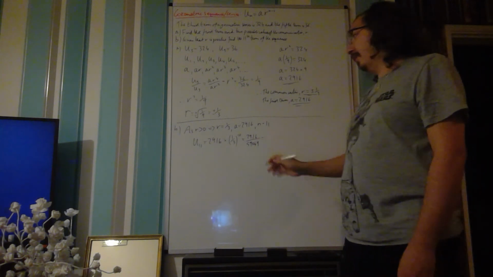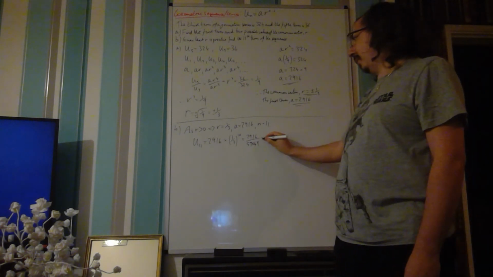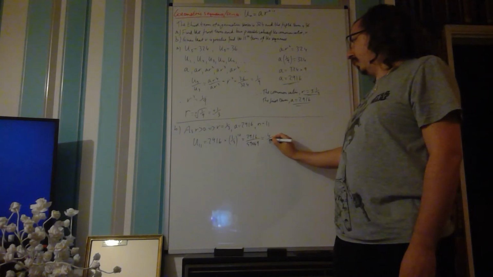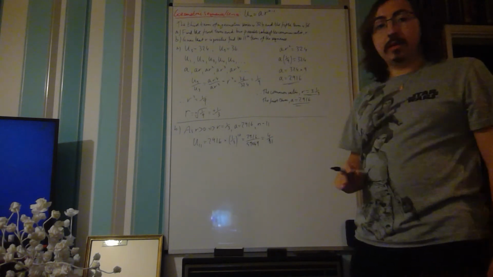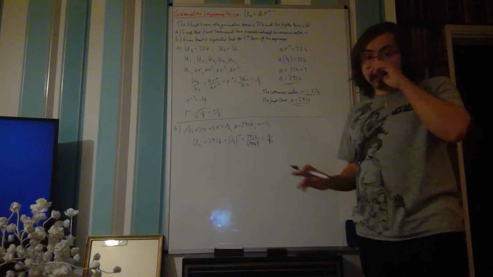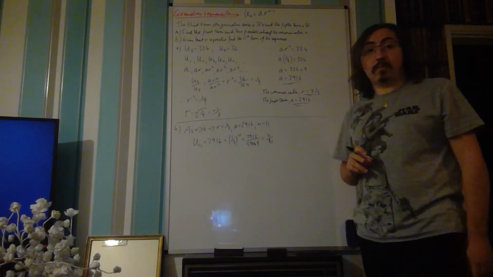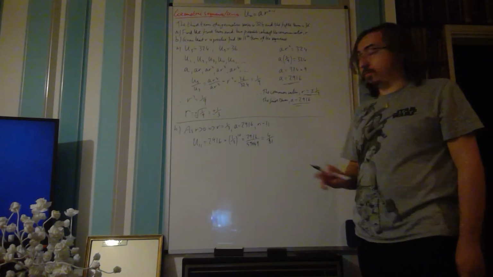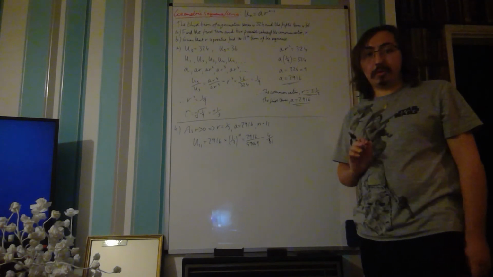However, fortunately, that does simplify very nicely down to 4 over 81. This problem doesn't mention rounding, so leave it in its exact simplified form. So 4 over 81 would be your final answer there.